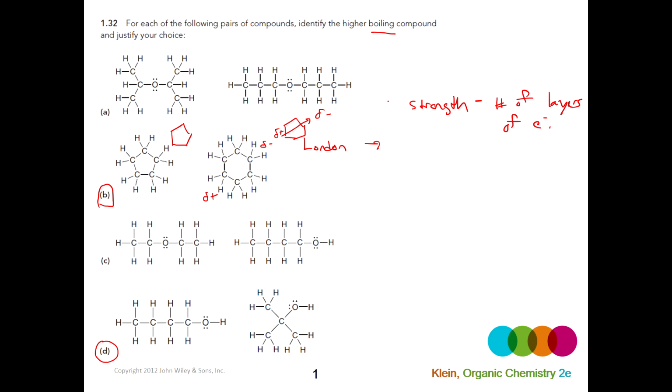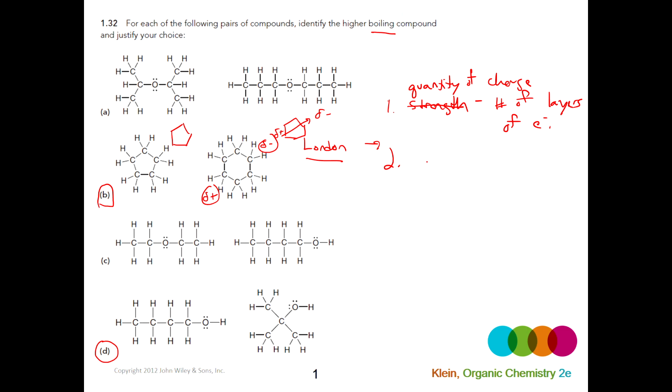So then the second factor that determines how strong, or overall how strong, the London forces are going to be, so really I shouldn't say strength here because both of these affect strength. I should say the quantity of charge. There will be larger quantities of partial charge if I have more layers of electrons to slosh around.